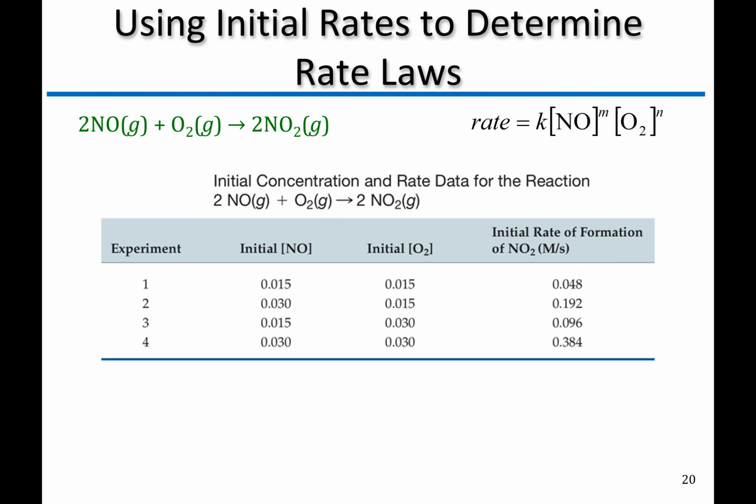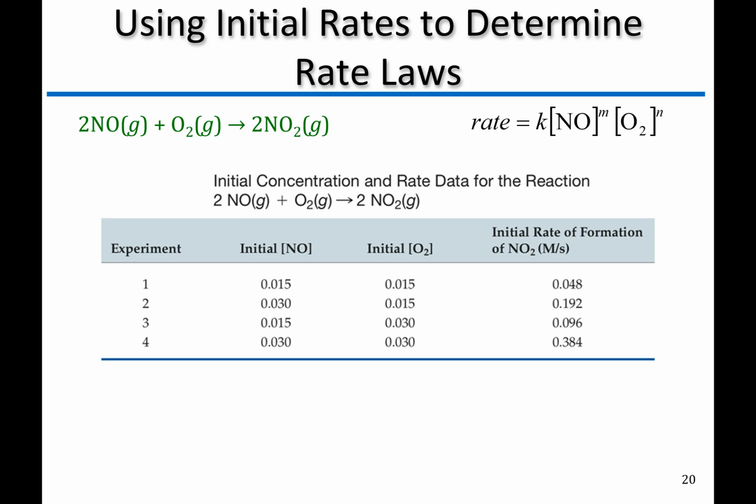So here let's look at how to determine a rate law based on some experimental data. So here we have nitrogen monoxide, sorry, nitrogen monoxide, not nitrous monoxide, reacting with oxygen to give us nitrogen dioxide. Okay, so NO plus O2 gives us NO2.